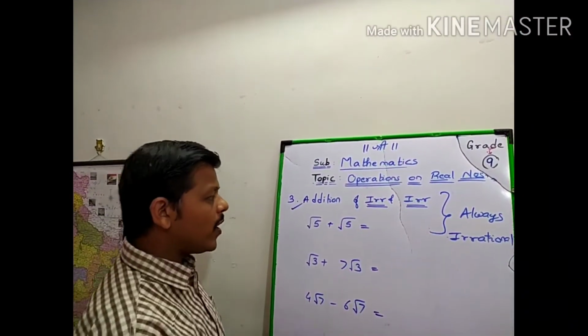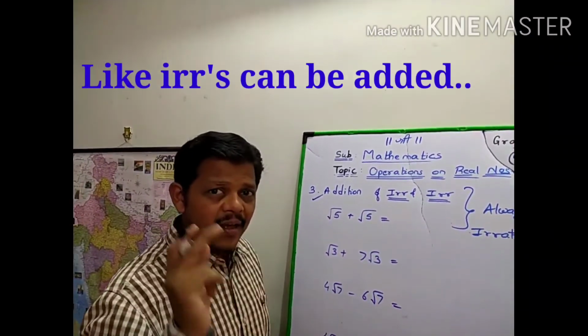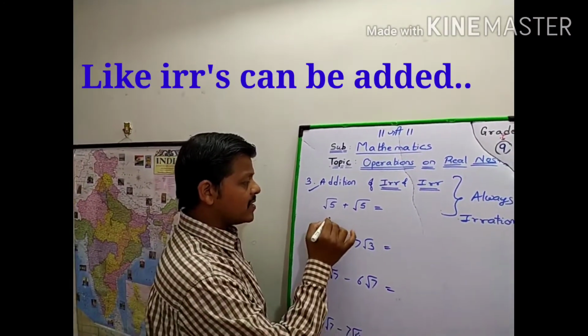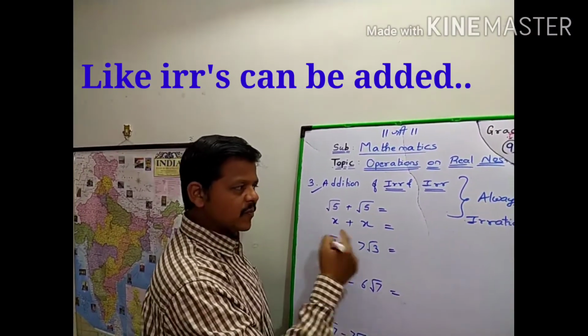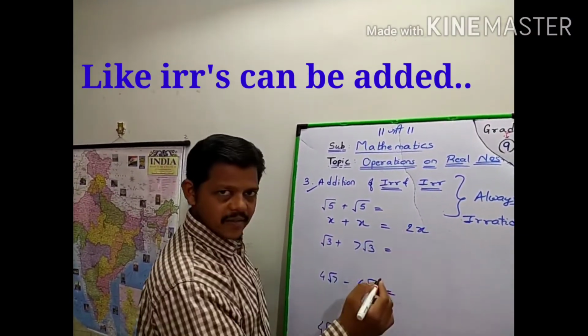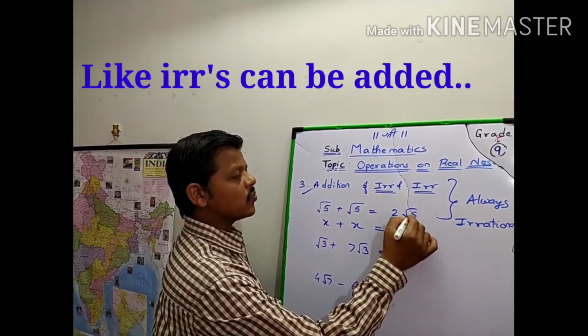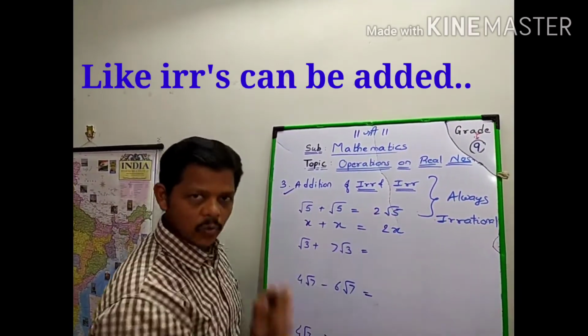Now, very important, like irrationals can be added. Think very wisely and nicely over here. Like terms, just as we could add x plus x, x plus x was 2x. Similarly, root 5 plus root 5 is 2 times root 5. Any number taken twice, root 5 taken 2 times.